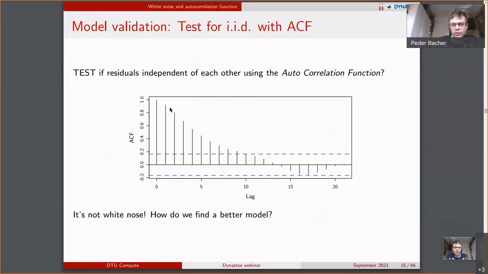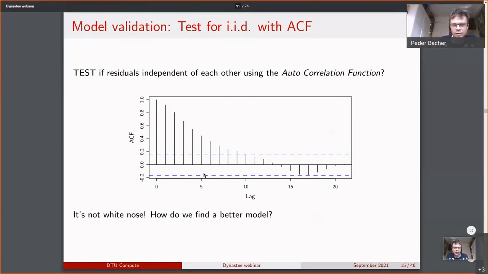If we calculate the autocorrelation function, it looks like this, and we can clearly see that this is basically a test of whether the residuals are independent of each other in time. And we see, no, they're not. Too many of these lines are sticking out of the blue confidence interval, so we can reject the hypothesis that this is white noise. It's not. So we need to do something to find a better model.